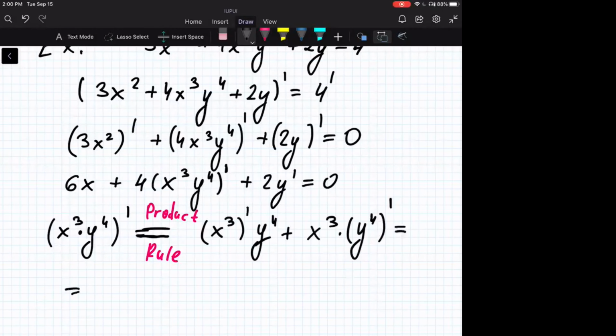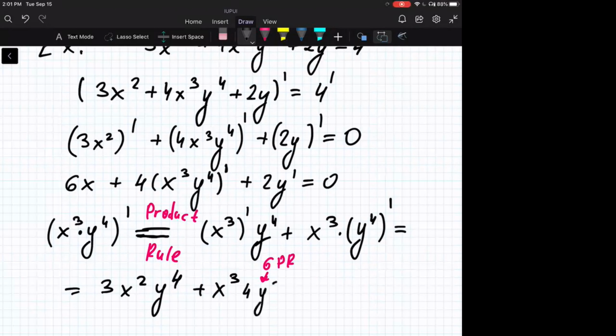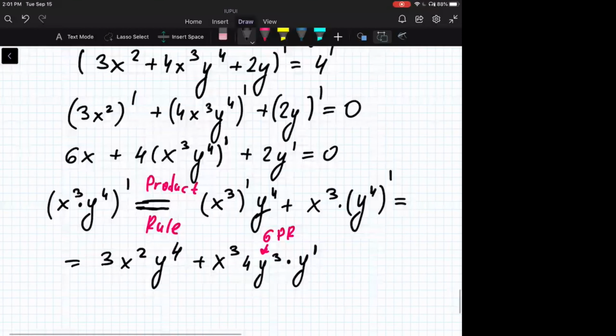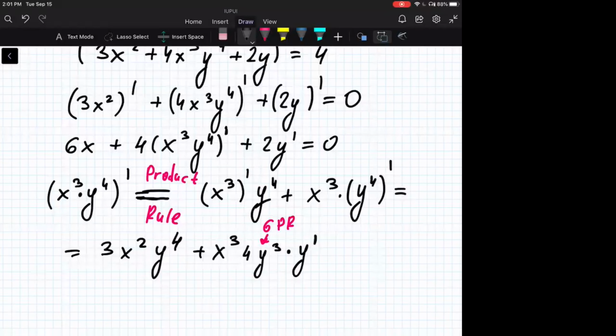And that gives me 3x squared y to the power 4 plus x to the power 3. And here I'm using again the generalized power rule. So it is 4y cubed. It's just the power rule, but I need to multiply by the derivative because y is a function of x. And this is my second term.